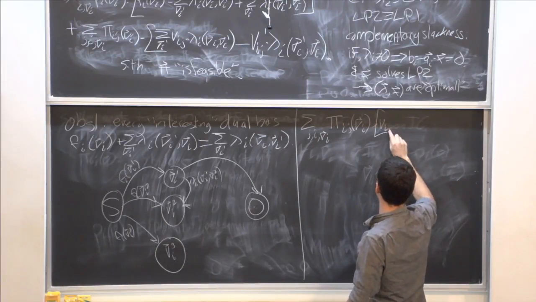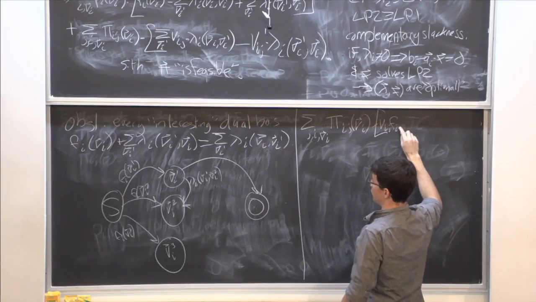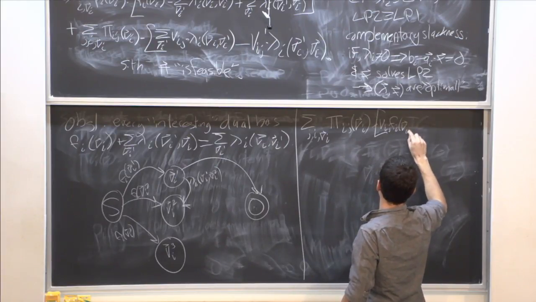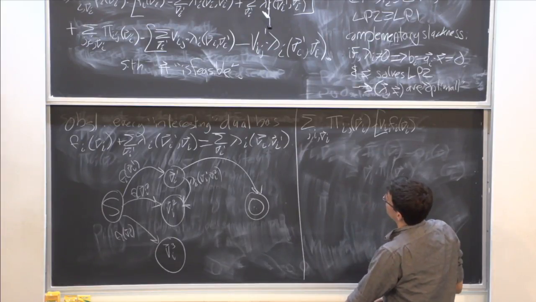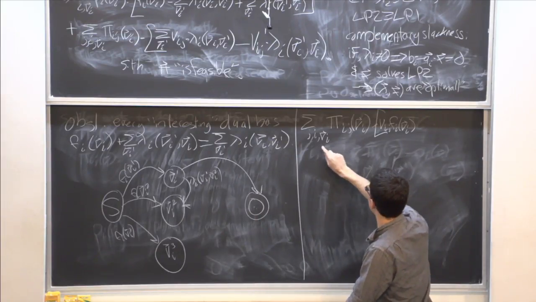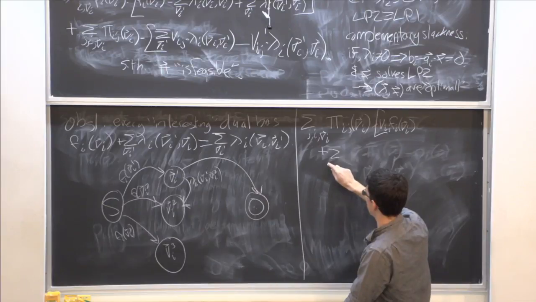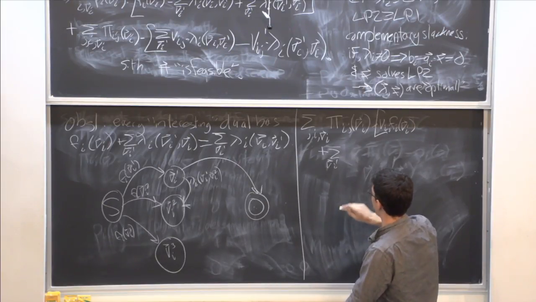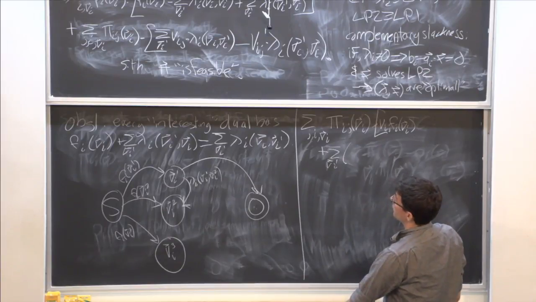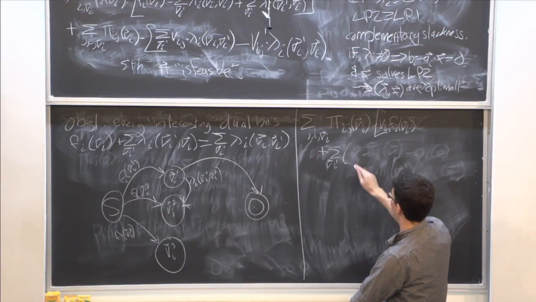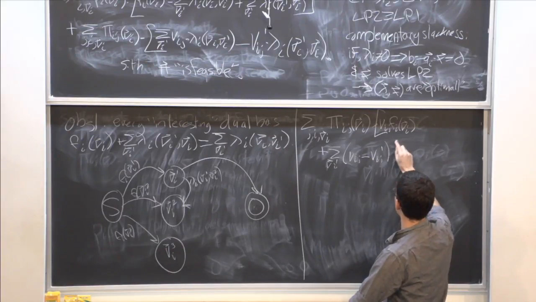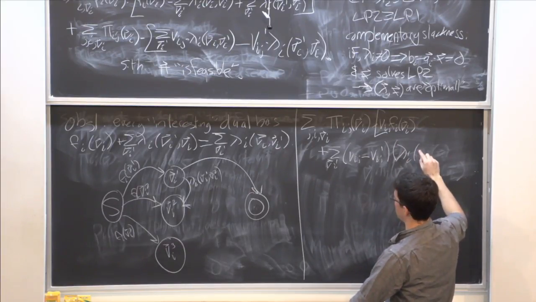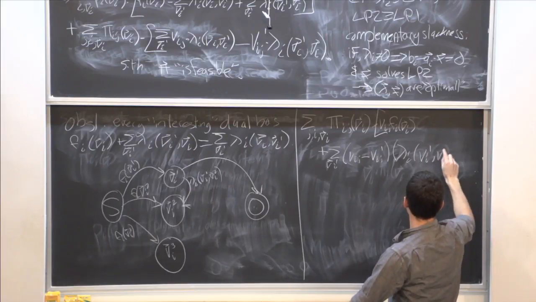So let's just write that: vij times fi of vi, and now it's going to be plus the sum over all vi prime of vij minus vij prime, times lambda i of vi prime vi.